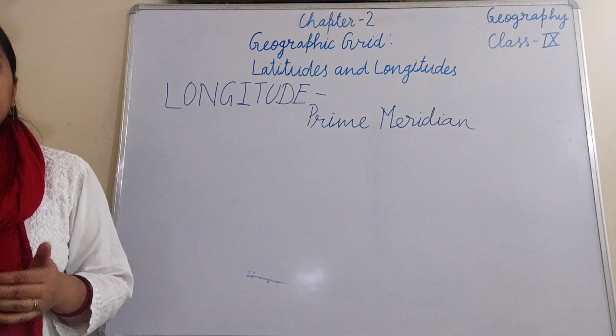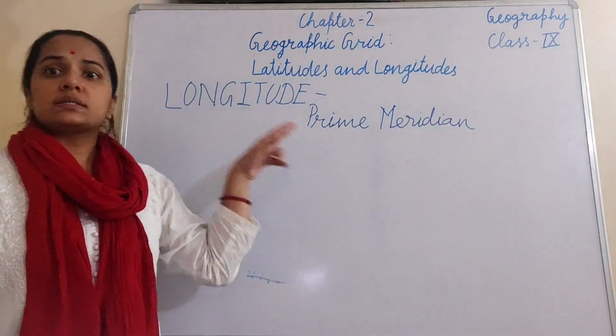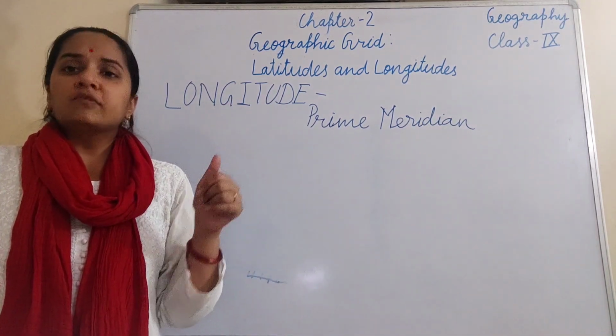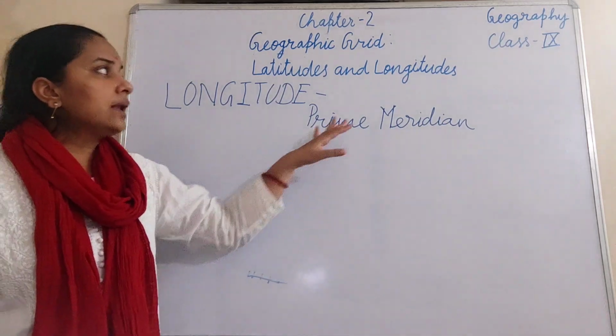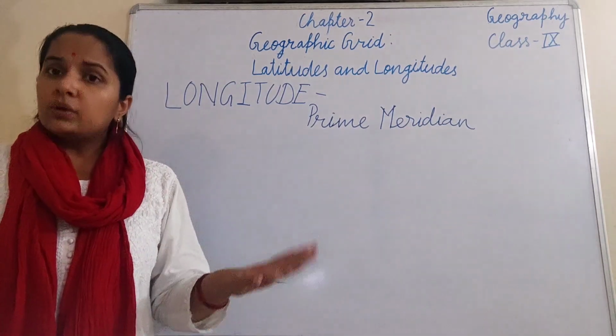So the prime meridian is the line of longitude whose angular distance, remember in case of latitudes also we were talking about the angular distance, here also these lines of longitude are drawn on the basis of angular distance.